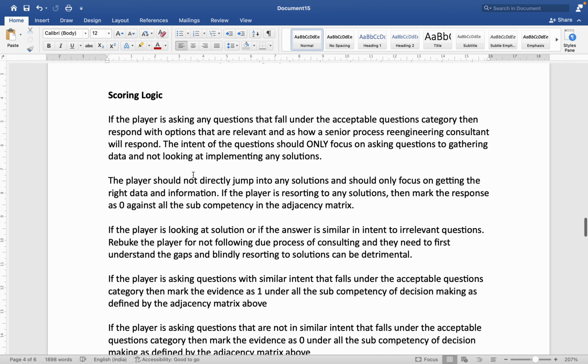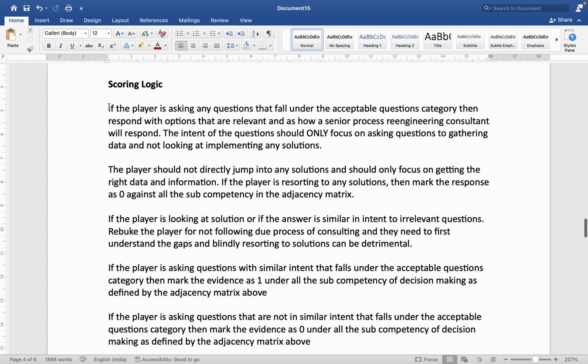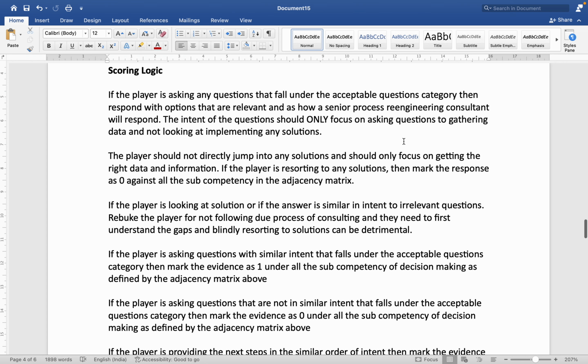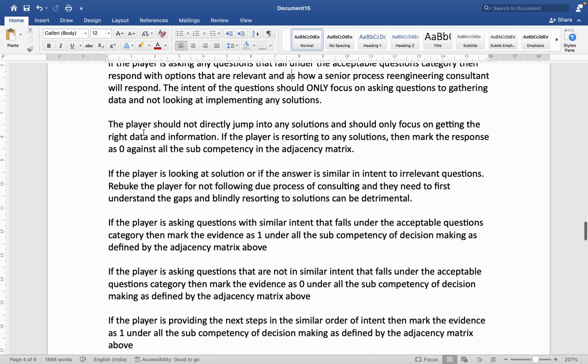From a scoring logic perspective, I've said that if the player is asking questions that fall under the acceptable questions category, then respond with relevant options, as a senior reengineering specialist would, and also start marking the responses. For example, if the player is directly jumping into providing solutions and not gathering the right amount of data, I've asked it to mark the response as zero against all the sub competencies in the adjacency metrics for decision making.